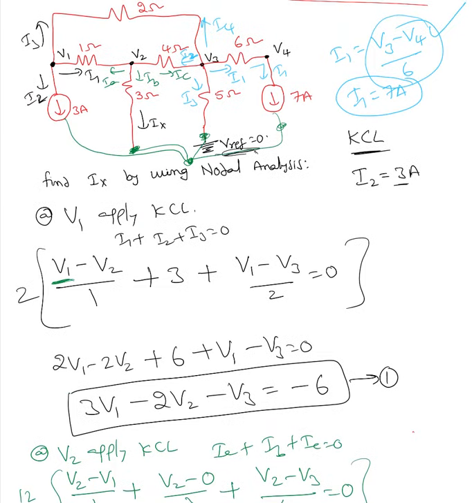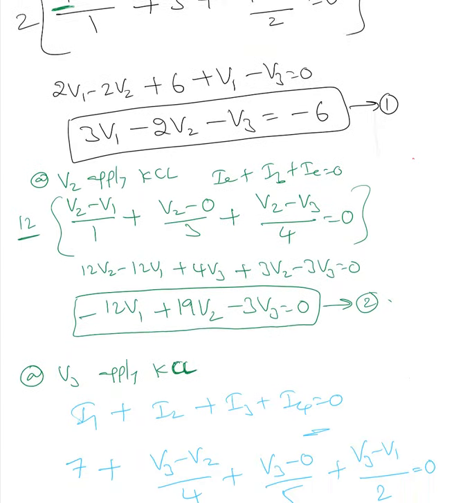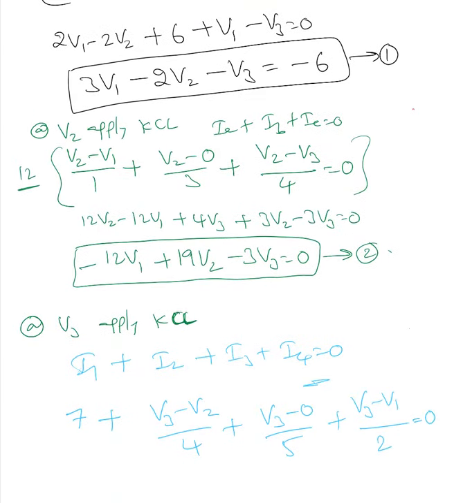So here is my V3 minus V2 over 4 equal to I2, and I3 equal to V3 minus 0 over 5 equal to I3, and I4 is nothing but V3 minus V1 divided by 2 will give you I4.